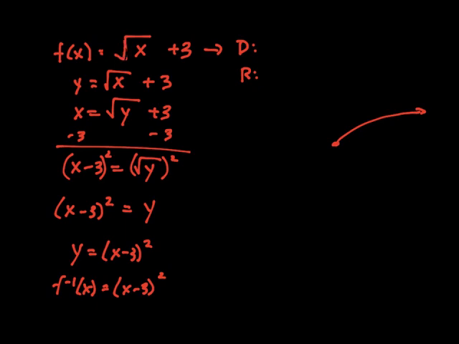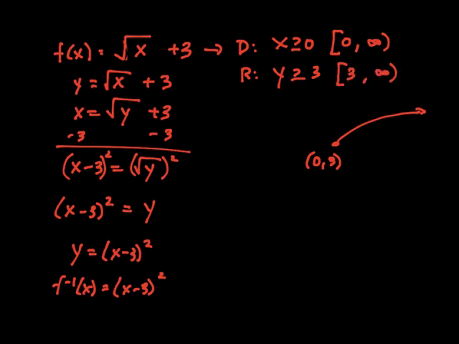Okay, so that it opens up like that, and this point is going to be 0, 3. Okay, so therefore the domain is going to be x is greater than or equal to 0, or it starts at 0 and goes to infinity. For the range, it's going to be y is greater than or equal to 3. Okay, so it starts at 3 and goes to infinity.